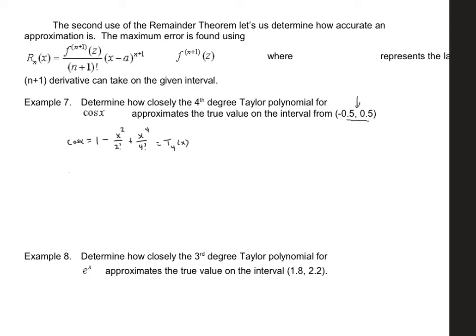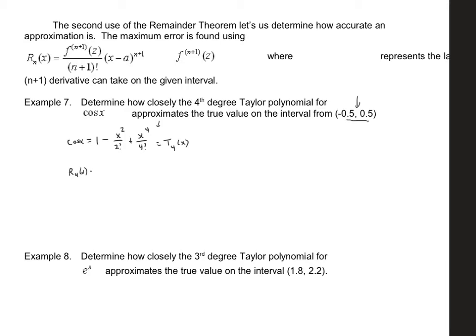Now, we could use R sub 4 of x, and that would be fine. We can, if we like, steal an extra order of accuracy here, because we know that there is no 5th degree term in the Taylor polynomial for cosine x centered at 0, because the fifth derivative of cosine at 0 is 0.